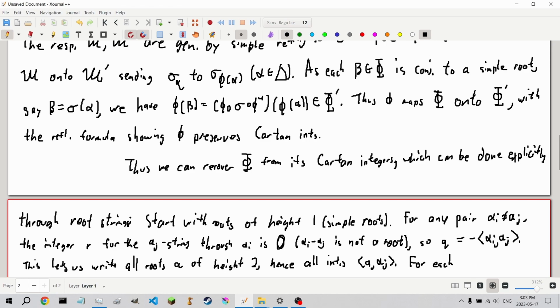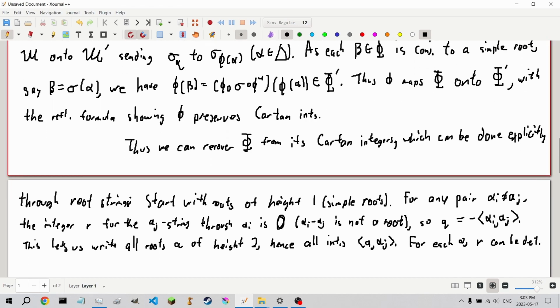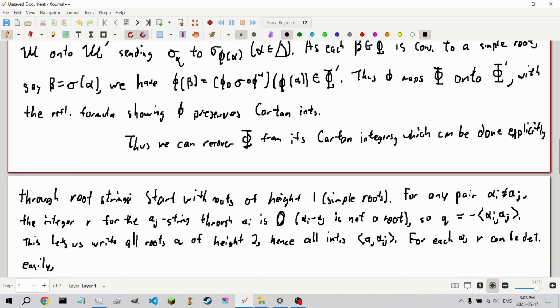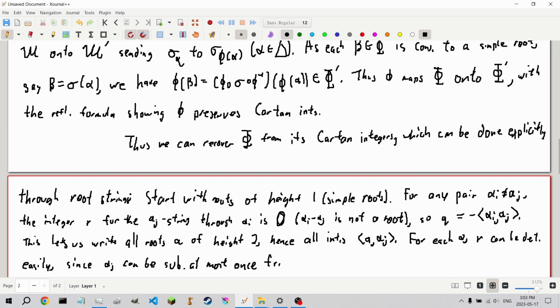For each alpha, which is a root of height 2, r can be determined easily for an alpha j string through alpha, since alpha j can be subtracted at most once from alpha, and then we have q from r minus q is the angle bracket of alpha and alpha j.